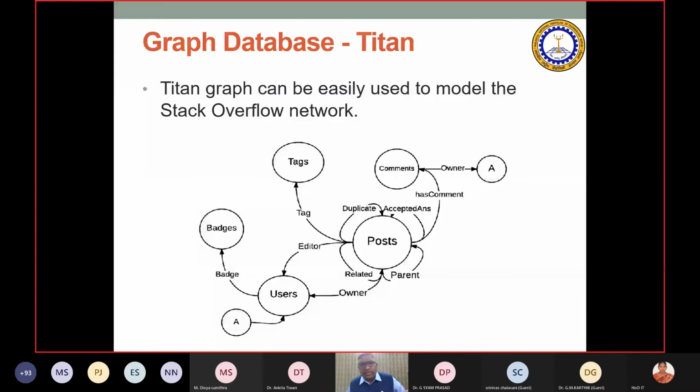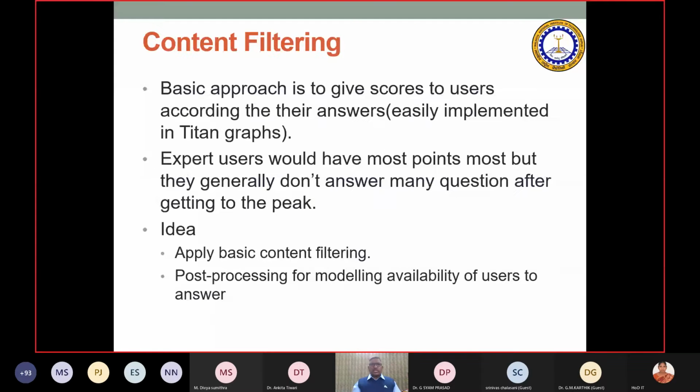right? So the basic approach is to give scores to users according to their answers. As you would have seen on Quora or similar sites, the data that can be collected is there, and then you know who is a master, and who is a very popular person.